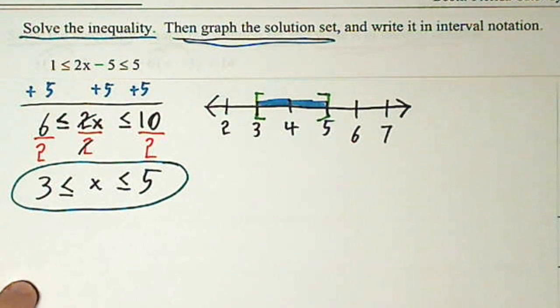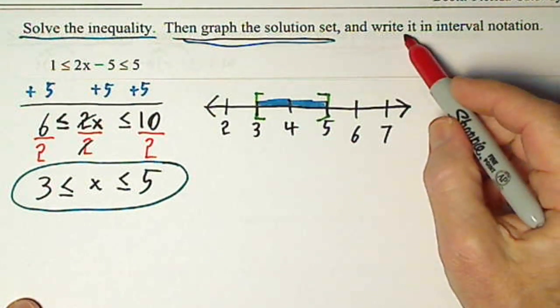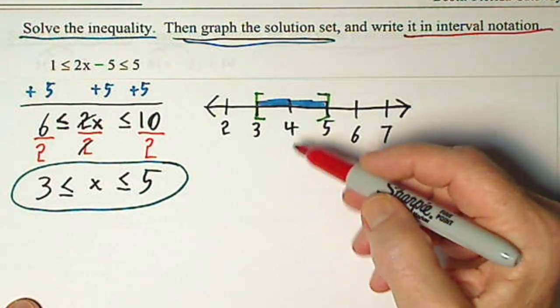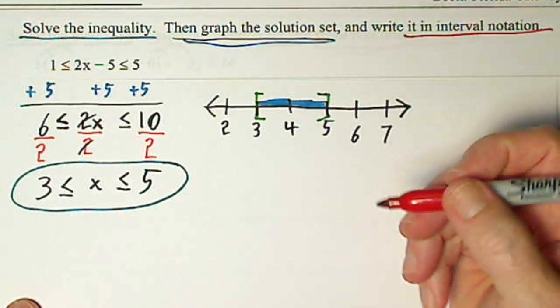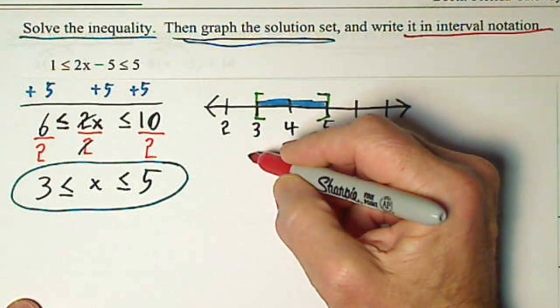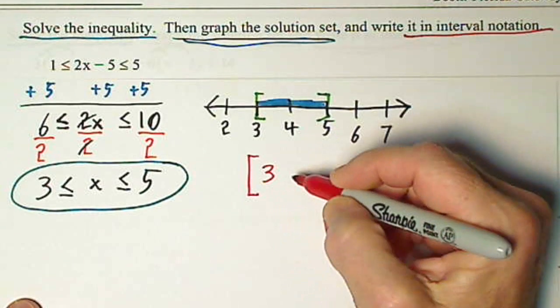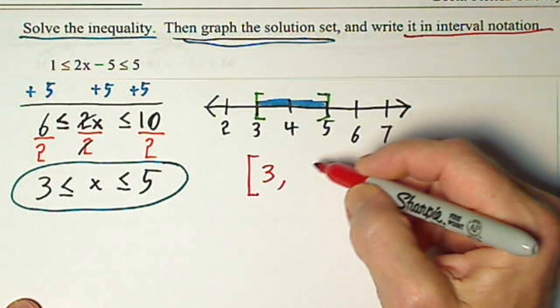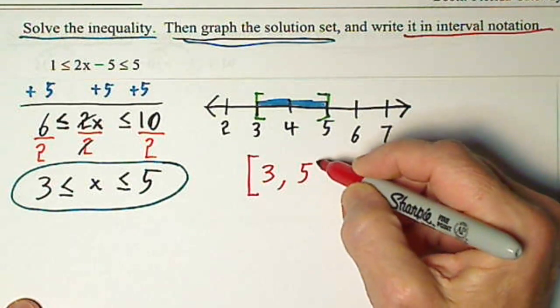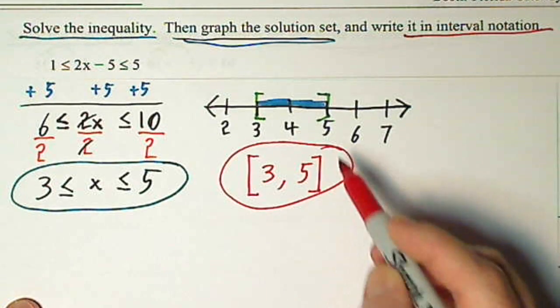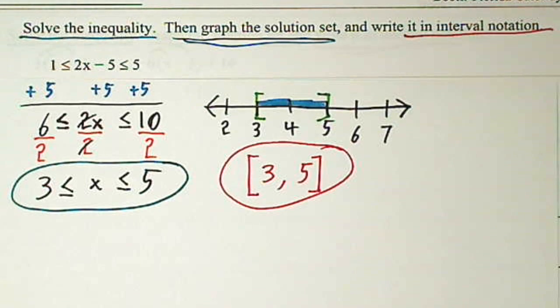They want us to write this in interval notation. Again, you might find it easiest to go from the graph to the interval notation. x goes from 3 up to 5. So there's our interval notation.